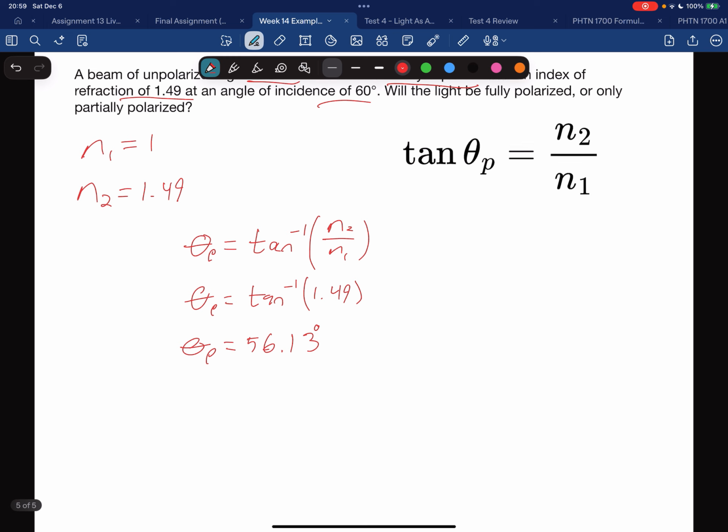So, therefore, it will be only partially polarized.